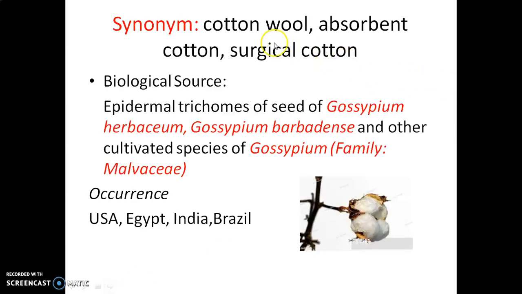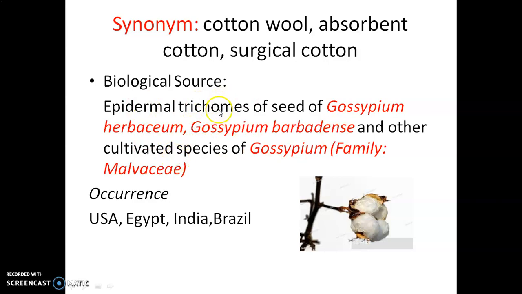The synonyms of cotton are cotton wool, absorbent cotton, and surgical cotton. The biological source of cotton is the epidermal trichomes of the seed of Gossypium herbaceum, Gossypium barbadense, or other cultivated species of the Gossypium, and it belongs to family Malvaceae.